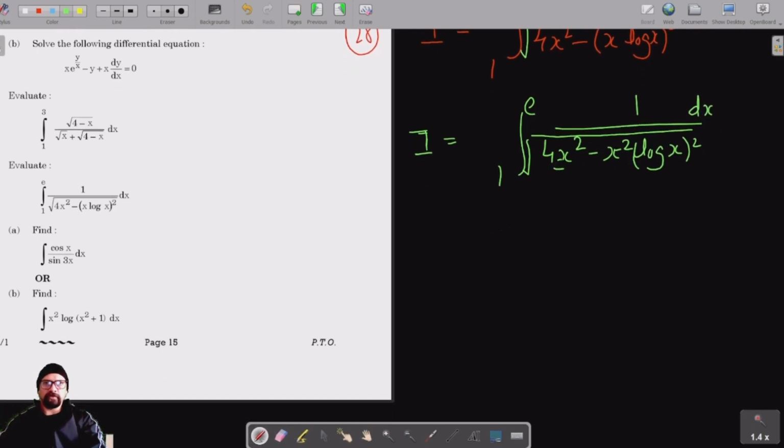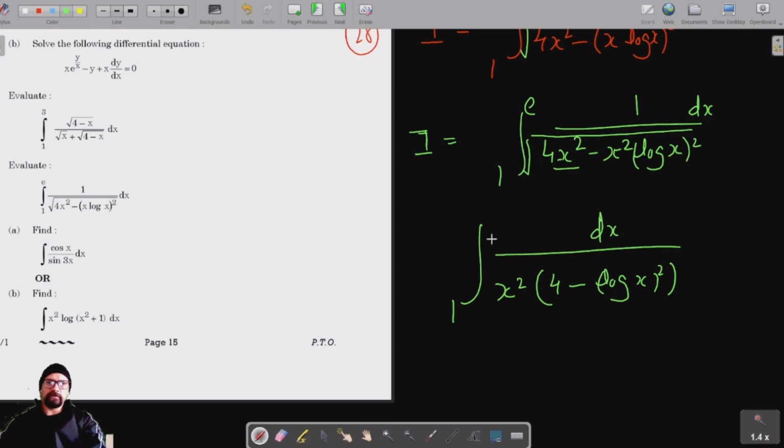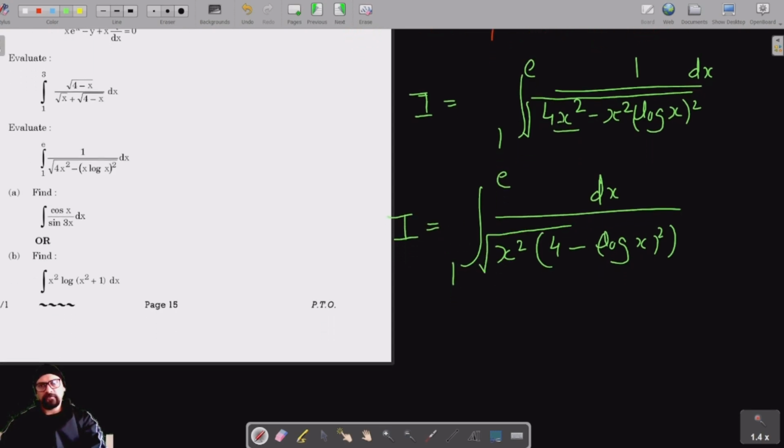Now we can take x square common. So 1 upon x square is common, which is 4 minus log x the whole square into dx for the limits 1 to e. So this is I. And this is under root.